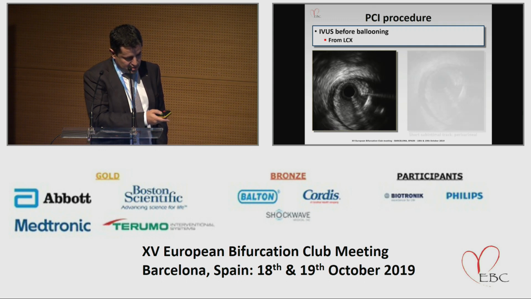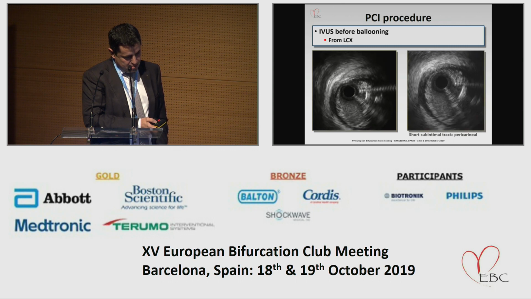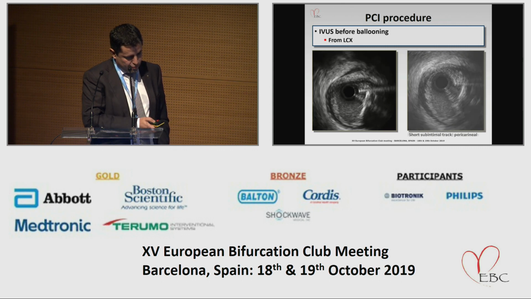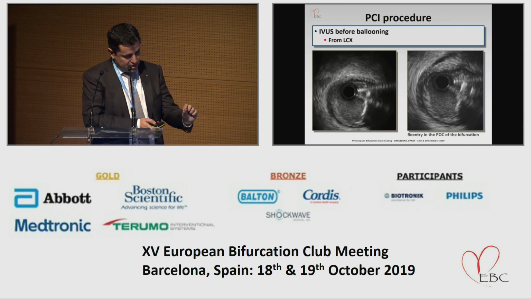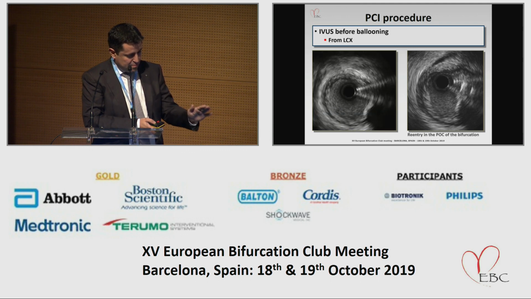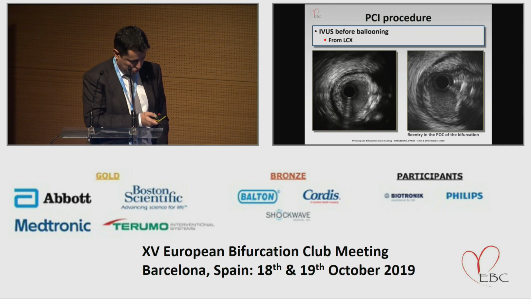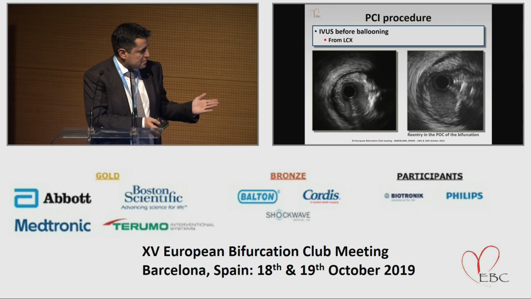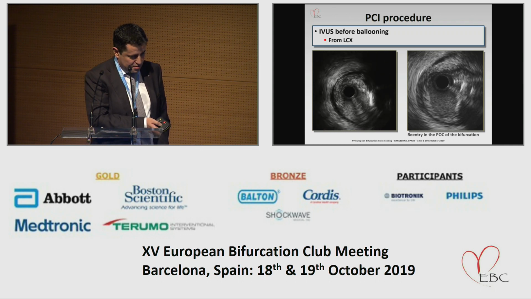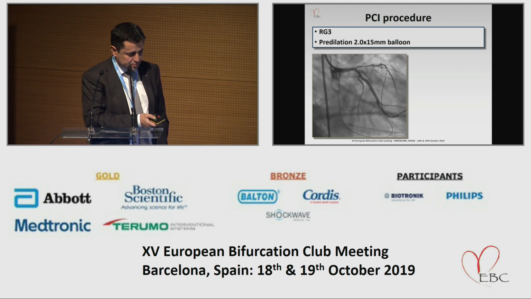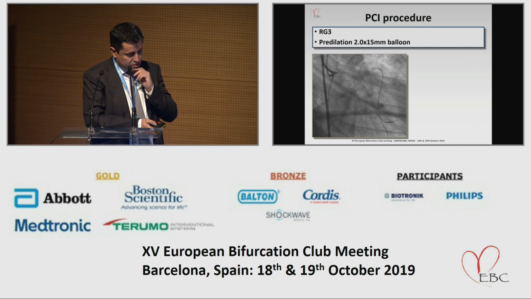You see a subintimal course right now, but when we are still in the polygon of confluence of the bifurcation, the wire has re-entered. And in the left main, it is in the true lumen, and there is no distortion of the vessel architecture. So, deciding on this, we decided to externalize the microcatheter to exchange it for the RG3 wire and to do predilation with a balloon.